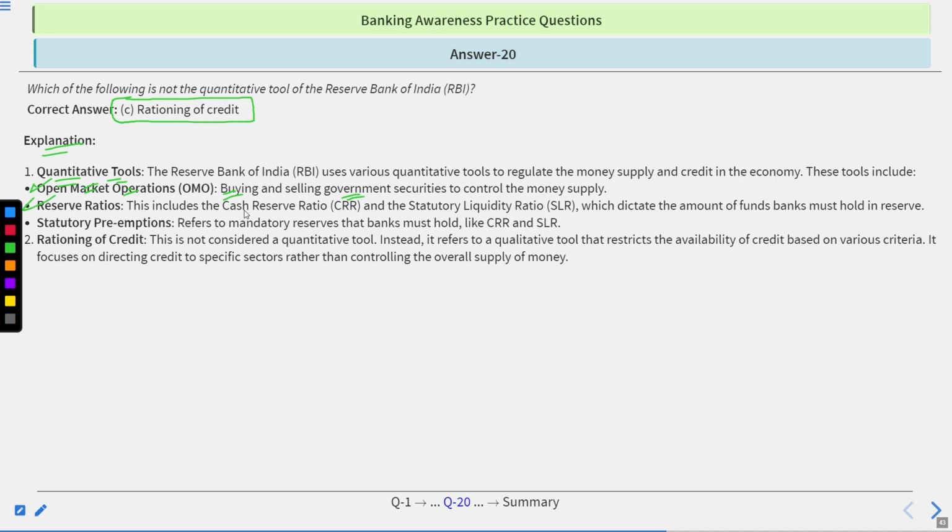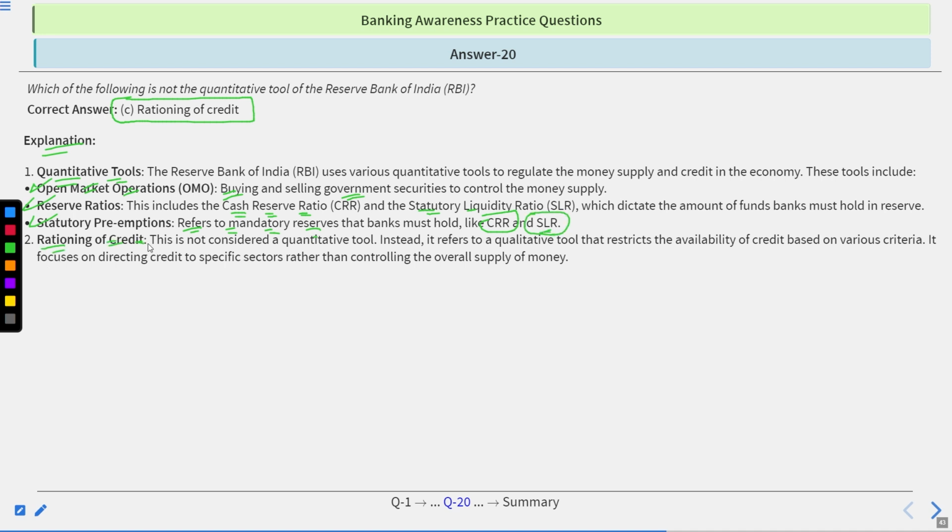Reserve ratios include the cash reserve ratio and statutory liquidity ratio, which dictate the amount of funds banks must hold in reserve. Statutory preemptions refers to mandatory reserves that banks must hold, like CRR, cash reserve ratio, as well as statutory liquidity ratio.